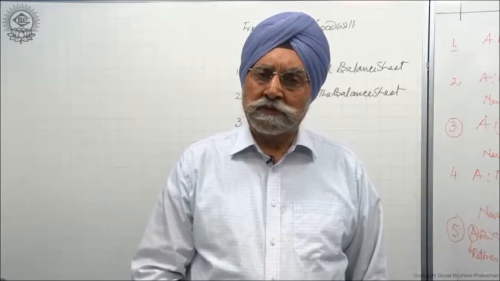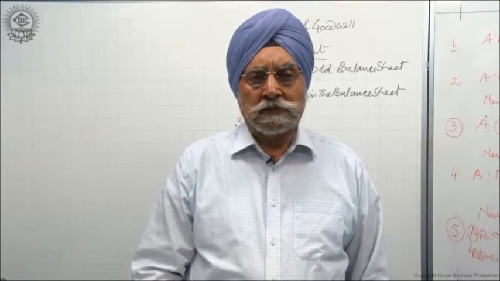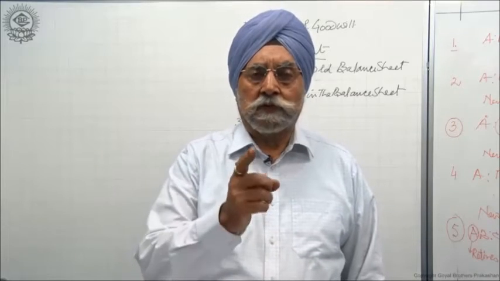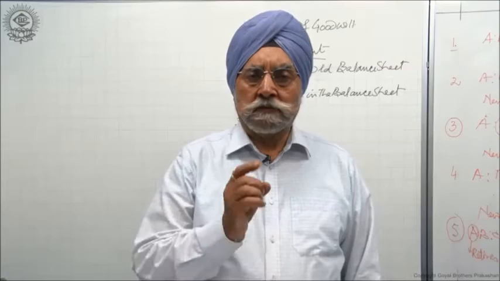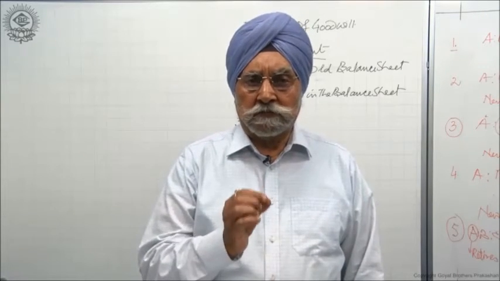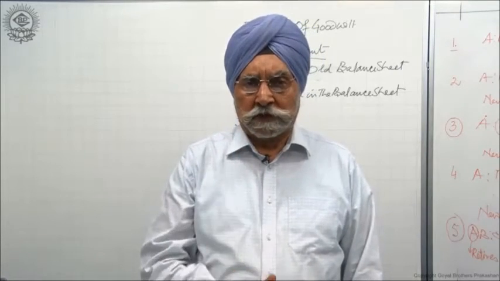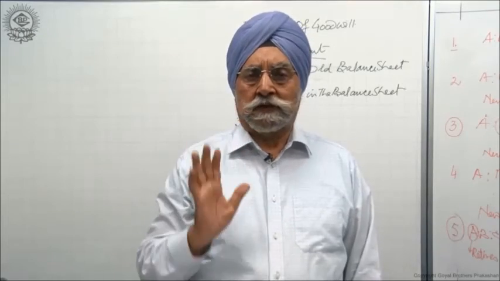My dear students, before you start dealing with this, you must study the balance sheet of the old firm before retirement. Please find out whether there is goodwill in the old balance sheet or not. If there is goodwill in the old balance sheet, please pass one journal entry and write it off. Finish this goodwill.